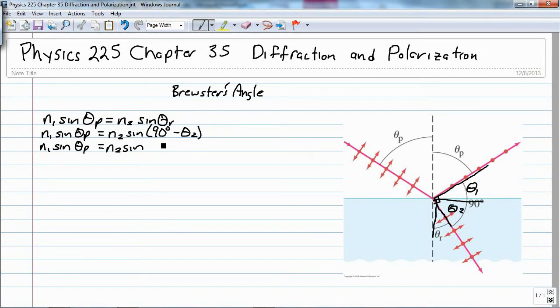So I know that theta 2 is equal to 90 minus theta 1, so I can put that in here. And that just simplifies down. I have 90 minus 90 is 0, and a negative minus theta 1 gives me theta 1.